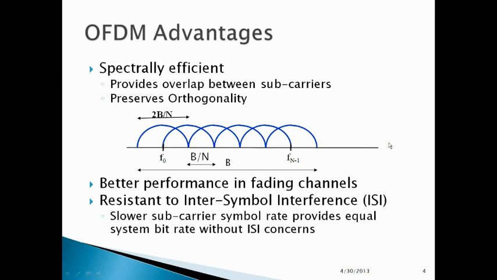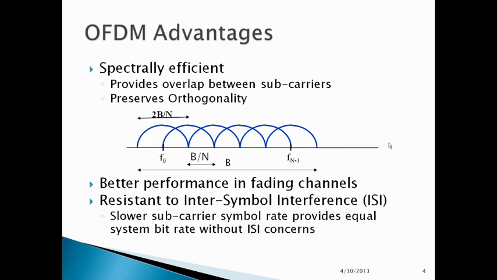So first, let's talk about some of the advantages OFDM systems have over other systems. The first and main advantage that OFDM systems have is that they're spectrally efficient. They're a wideband multi-carrier system, and what that means is you're given a wide spectrum, and multi-carriers are located on different frequencies that can carry messages to and from a transmitter and receiver.